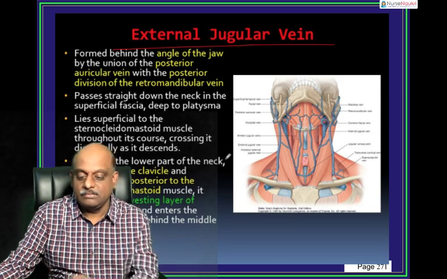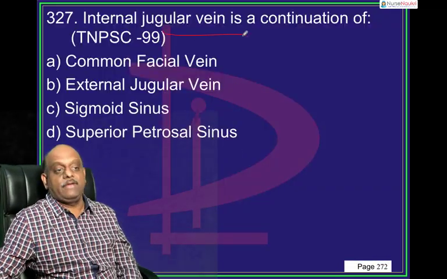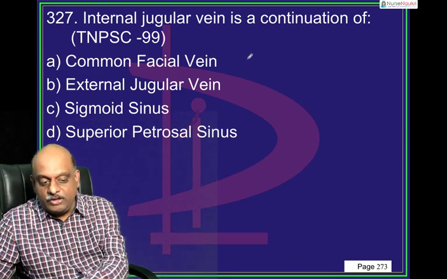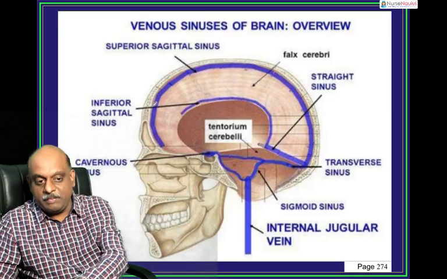And that's the story. Now, internal jugular vein, how is it basically formed? It is a continuation of the sigmoid sinus, is what you should remember.